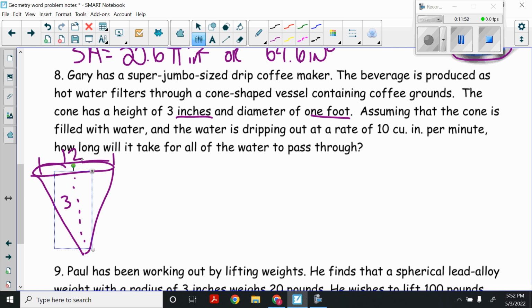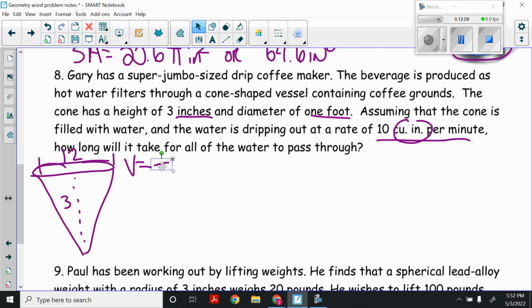Assuming the cone is filled with water and the water is dripping out at a rate of 10 cubic inches per minute, how long will it take for all of the water to pass through? Again, cubic inches, volume. So I'm going to find the volume of this cone. How much water does this cone hold? So volume of a cone, 1/3 pi times my radius.